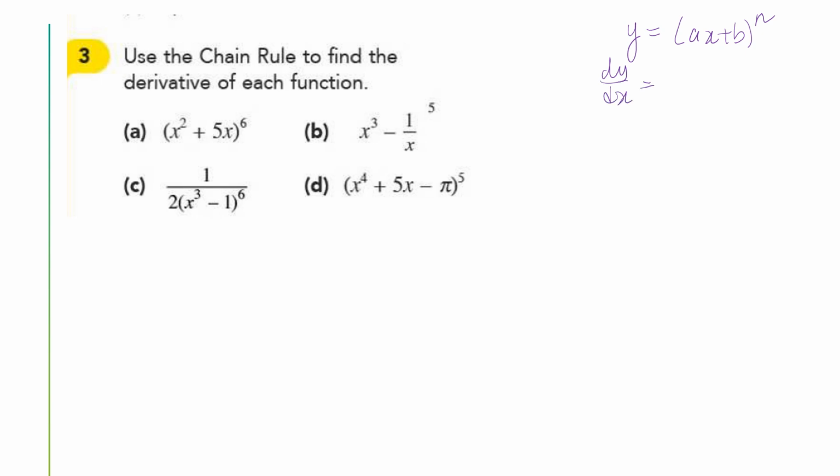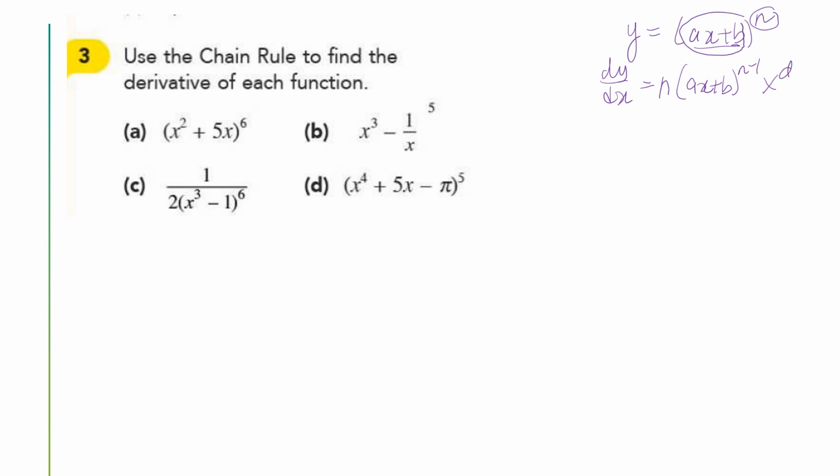Ignore whatever is inside the bracket, just concentrate on the power first. So the power n is the same thing as what you apply using the power rule. Just concentrate on the power first, then the power minus 1, except that there's one extra step. What is the extra step? Because if you were to zoom into the variable in your bracket, you will see that you can differentiate it further.